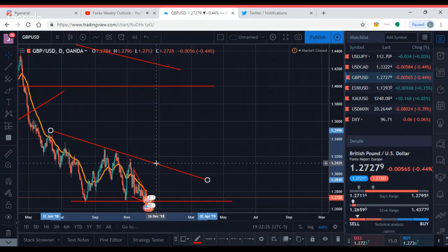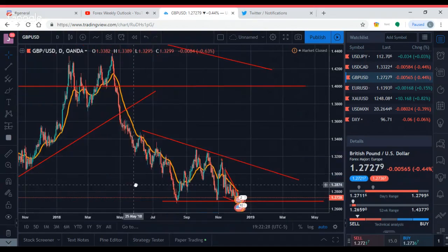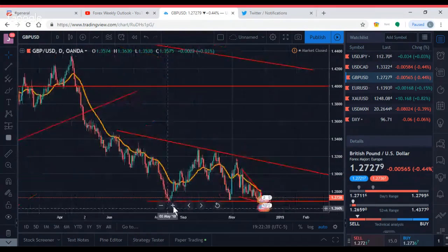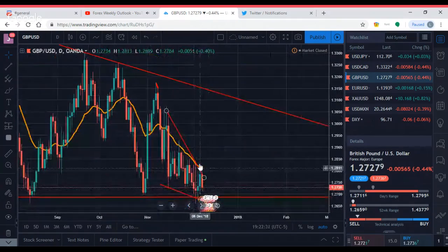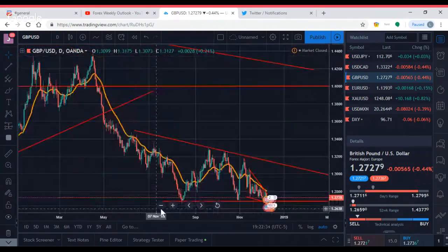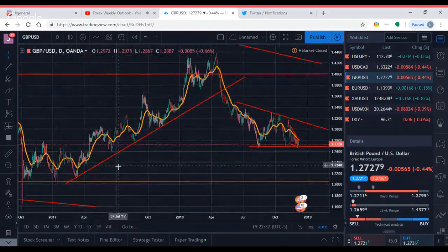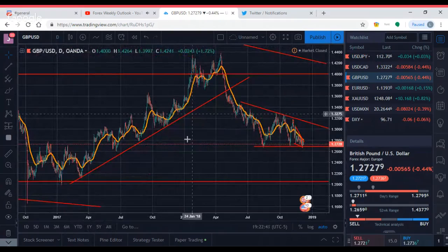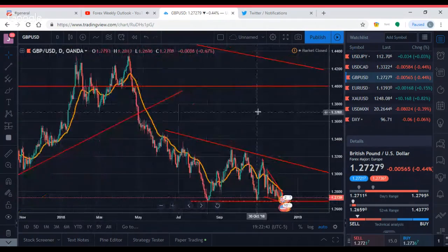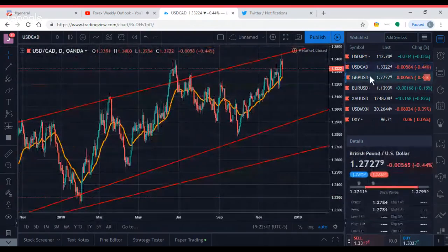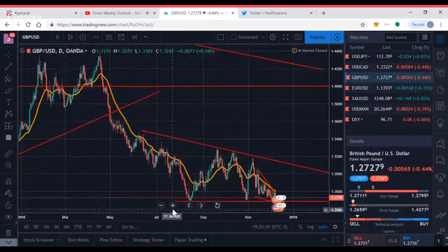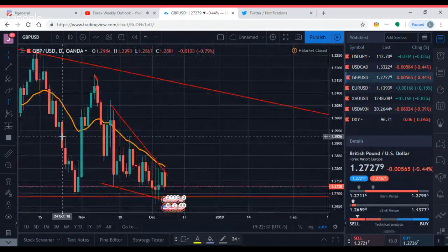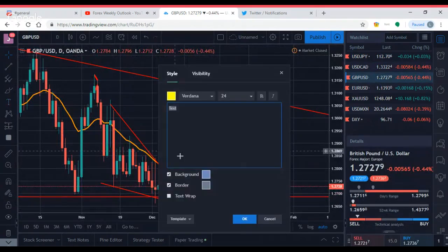So short term, I'm bullish on GBP USD, just because we're at this support level, and I really don't think it's about to break. Just based on that I'm bullish on the weekly chart or the overall move. So GBP USD, bullish.